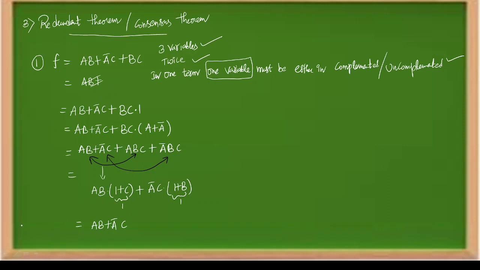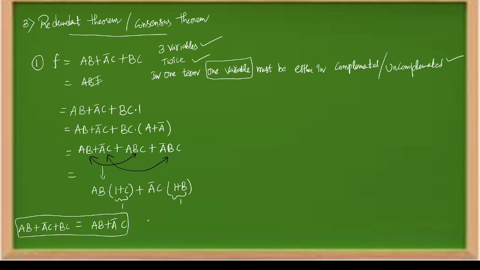So, what I can write is AB plus A complement C plus BC is same as AB plus A complement C. This is called the redundant theorem or consensus theorem.